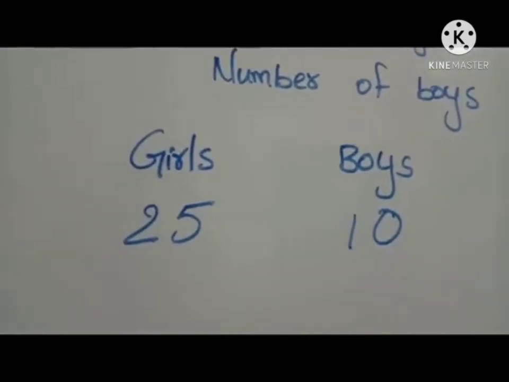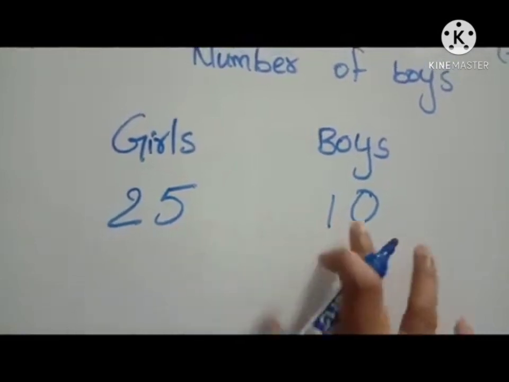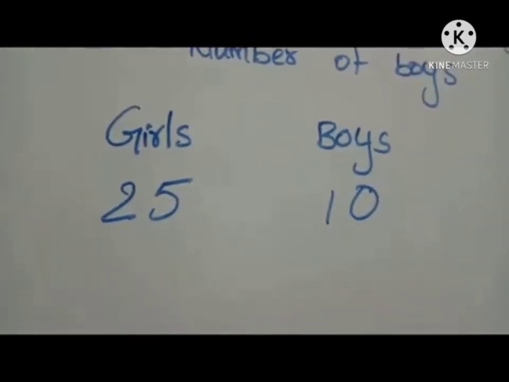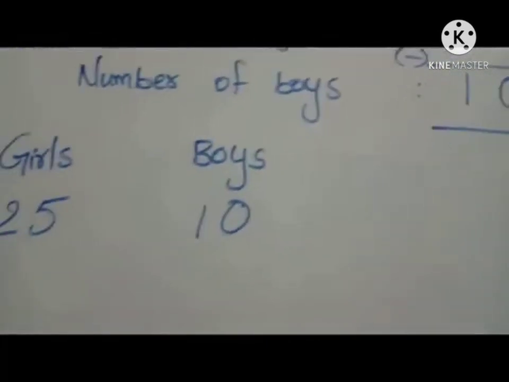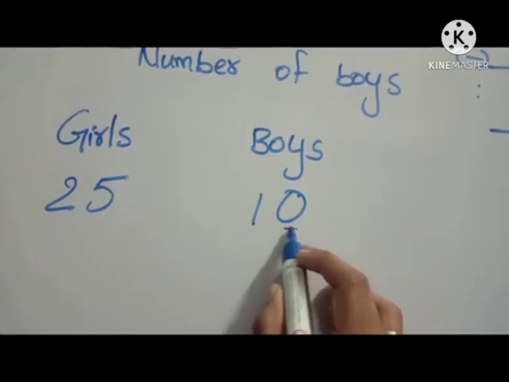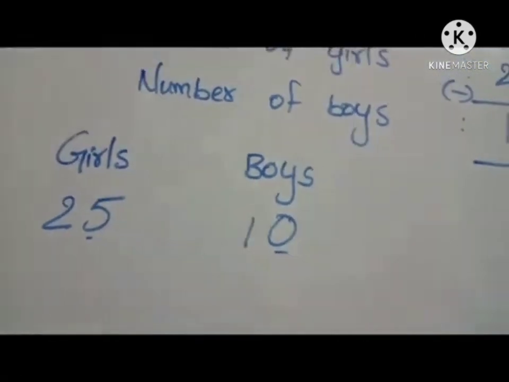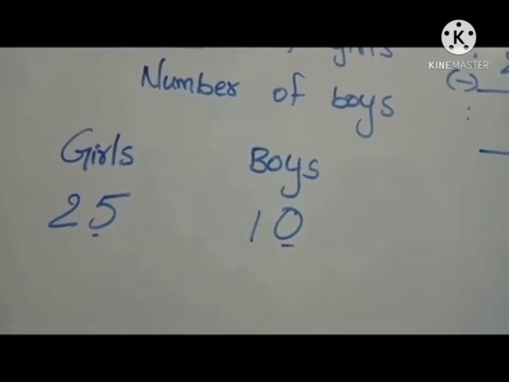Now here we have to find out the ratio. We have to look at the lowest term for 25 and 10. 25 and 10 are there in which table? See, in which table are 25 and 10? Divisibility rules everyone knows. Here the 1's place is 0 and here 5. These two numbers are divisible by which table? Very good, the 5 table.